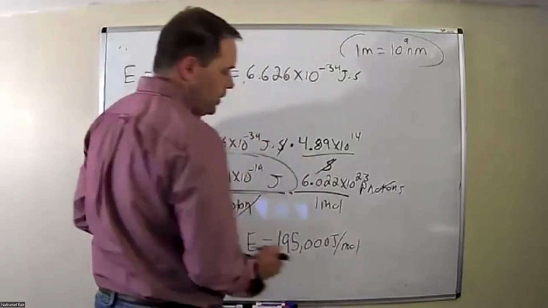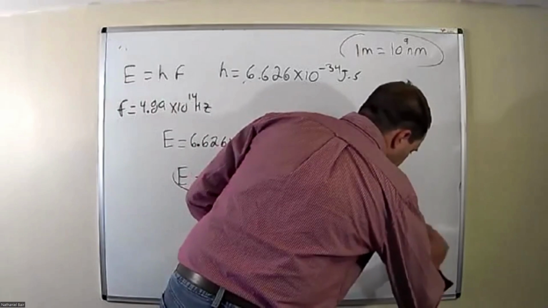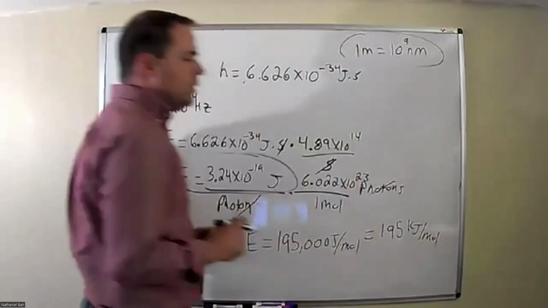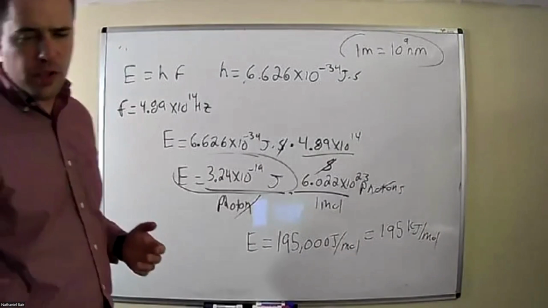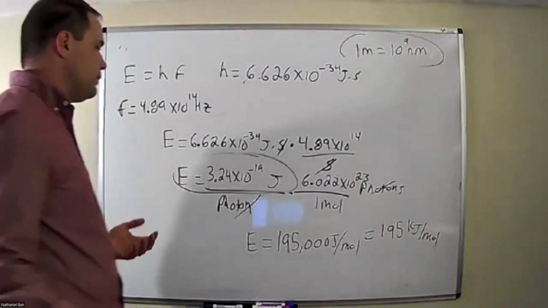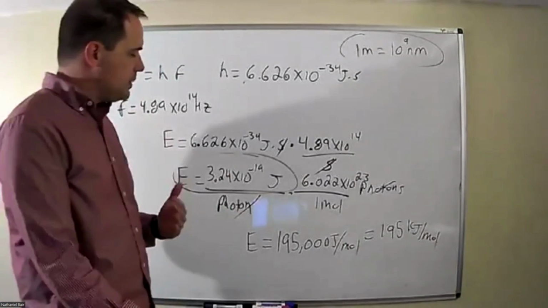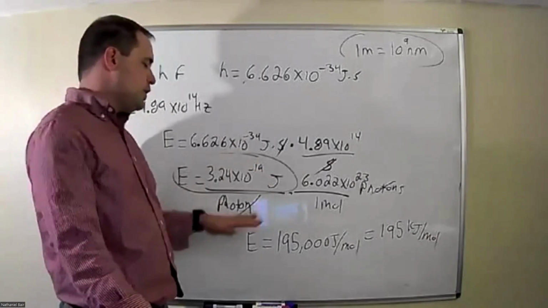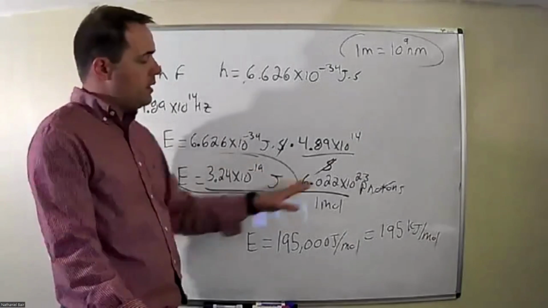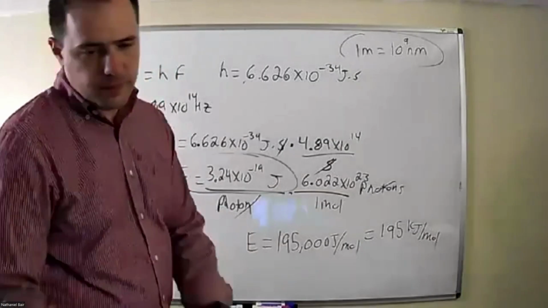And we could divide that by 1,000, we would probably write that as 195 kilojoules per mole. So just so you can see some conversion, some jumping around here, but let dimensional analysis guide you. This is the energy of one orange photon. We multiply by Avogadro's number. That's the energy of a mole of photons. Fantastic.